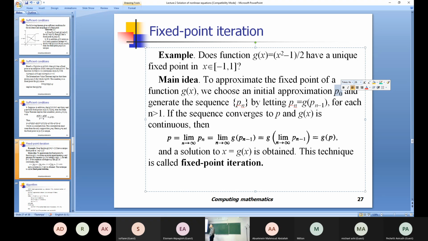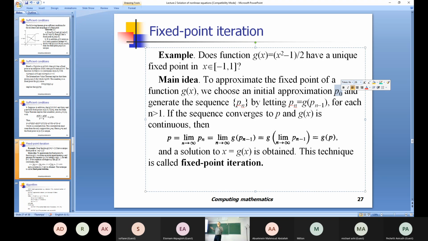Again, I just write the main points from this slide on the board. Suppose that we have a function g of x. We select the initial point p0.